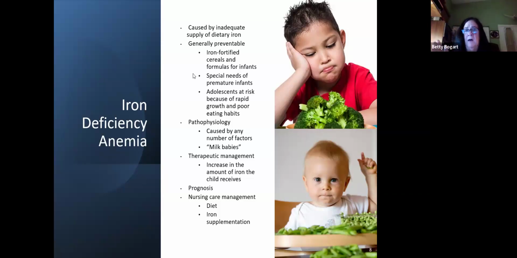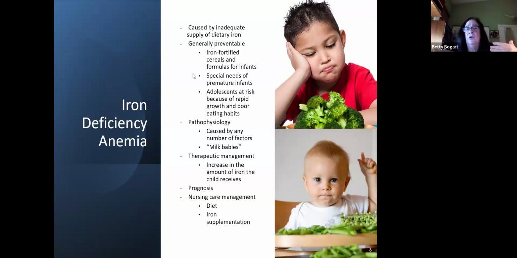And when we get to be 6 months, we start to feed foods that are rich in iron and iron fortified cereals. So we know that those babies usually get enough of what they want. We know iron deficient anemia can be caused when the mother says, all right, no formula, let's put them on milk. Milk doesn't give them the iron. So that can cause a problem.